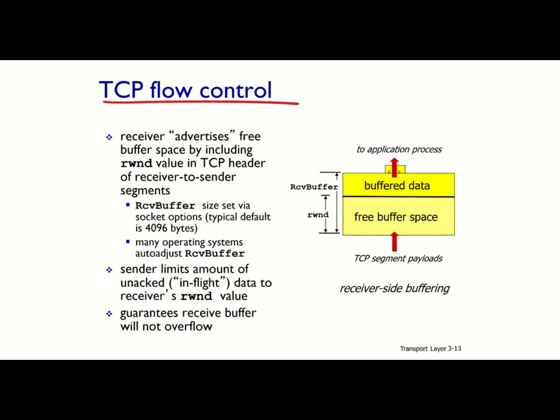In order to implement flow control, the TCP receiving side advertises the free buffer space that it has to the sending side, so that the sender knows how much free space the receiver has in its buffer and doesn't send more than the free buffer space on the receiving side.